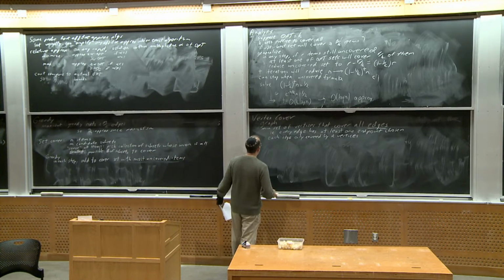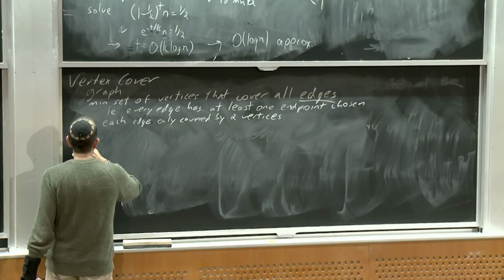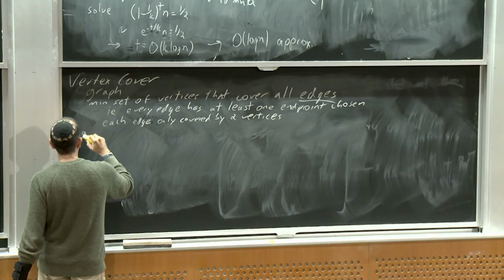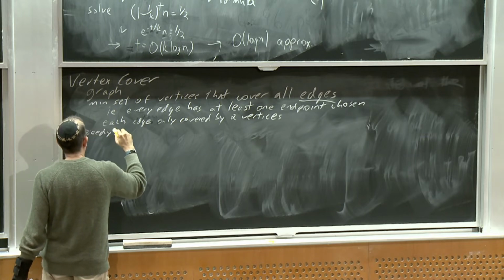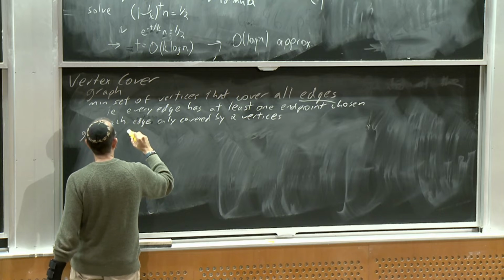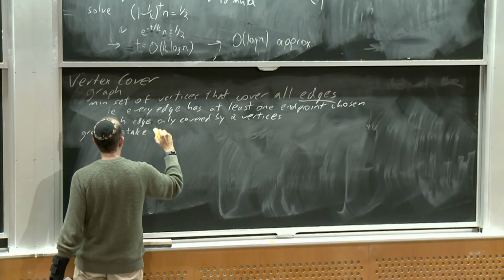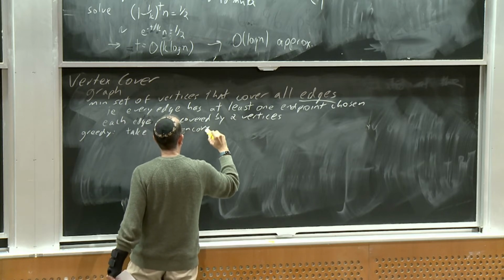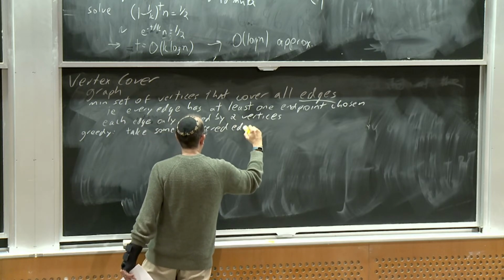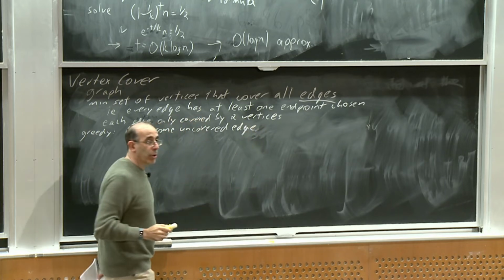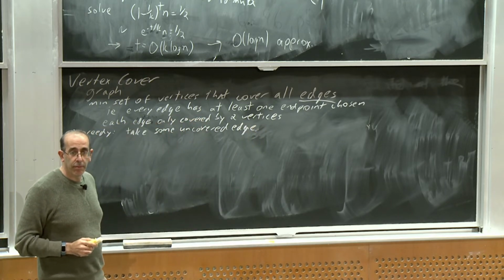Once I've set up this problem, we're trying to cover all of the edges, so a natural greedy approach, not the same one as set cover, but also a natural one, would be to take some uncovered edge, which means that neither of its endpoints is yet in the cover.